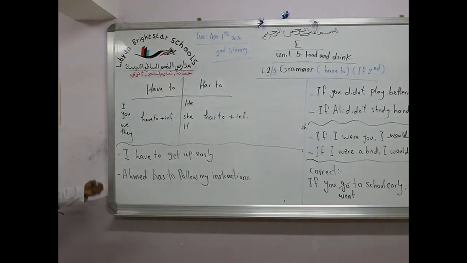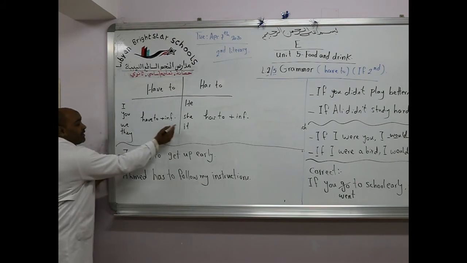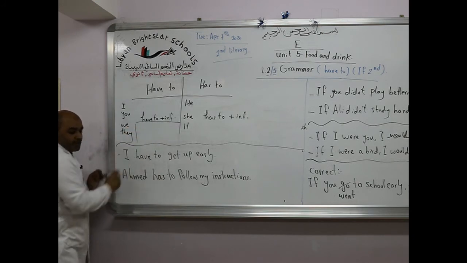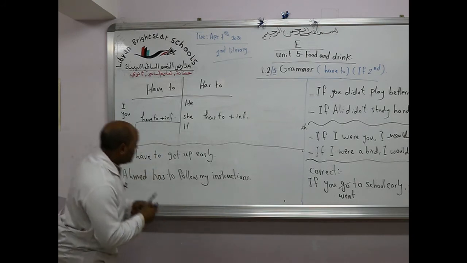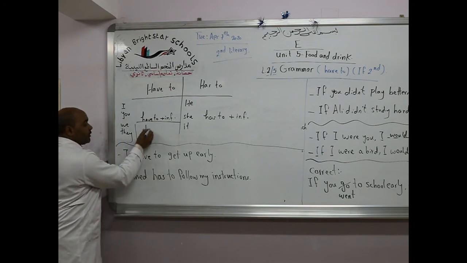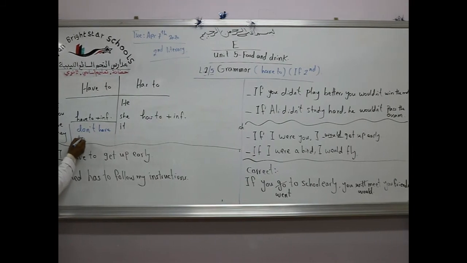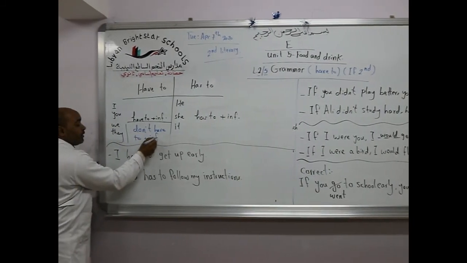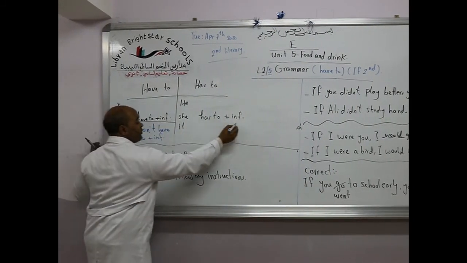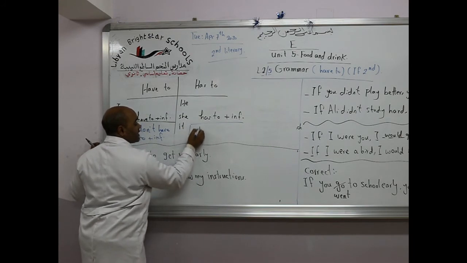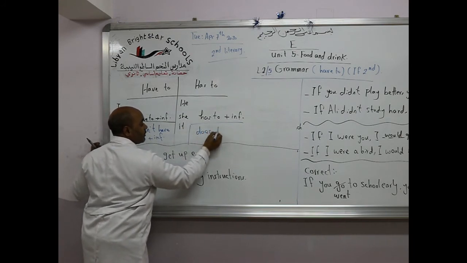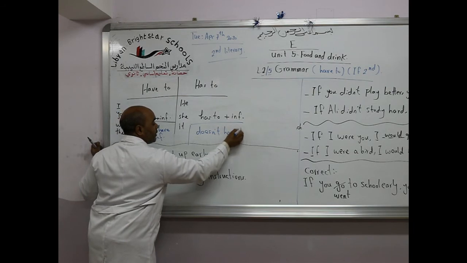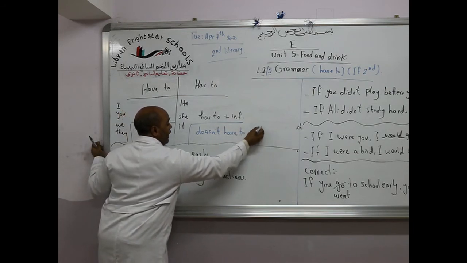How can we put these two sentences in negative? When I use have to in negative, we use don't have to plus infinitive. If I want to use has to in negative, we say doesn't have to plus infinitive.